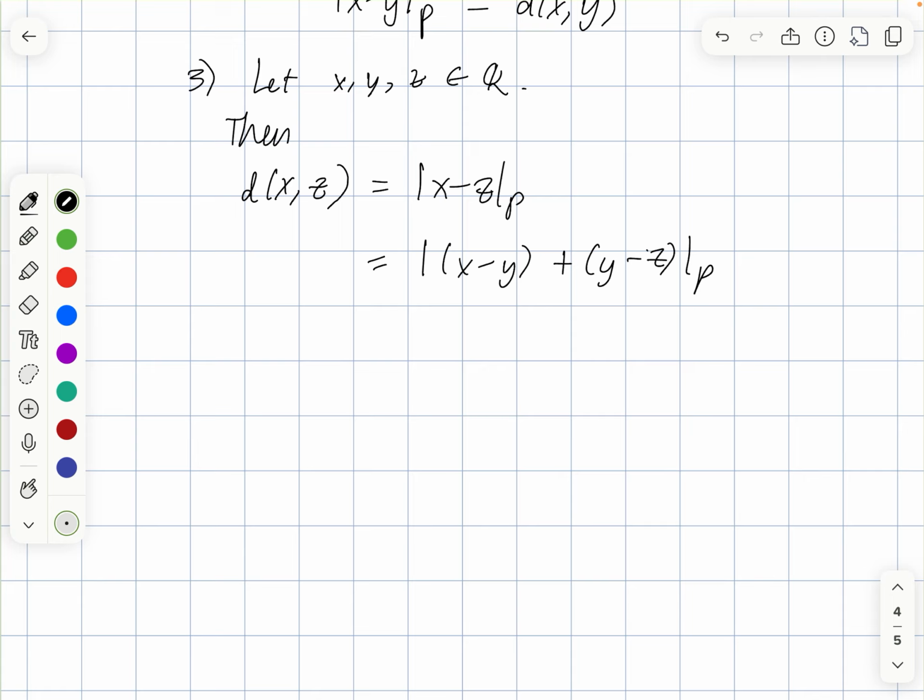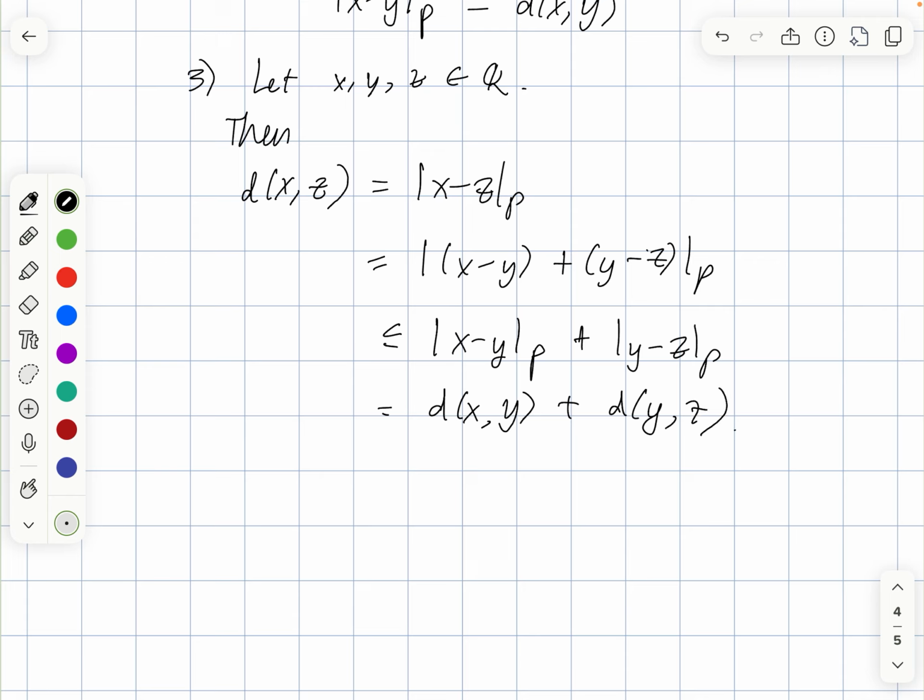We just stick in minus Y and plus Y. And then we know by the property of absolute value that we've seen before, this is less than or equal to the p-adic absolute value of X minus Y plus the p-adic absolute value of Y minus Z. And then this is the distance between X and Y plus the distance between Y and Z. So that proves the triangle inequality.